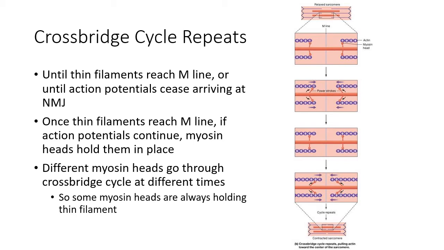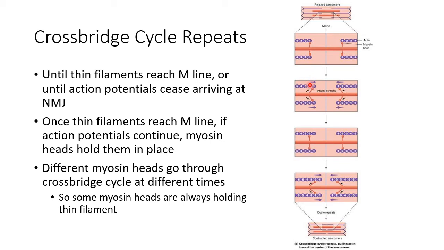There's a limit to how long cross-bridge cycling can go. As it goes, you are going to be moving the thin filaments in towards the center of the thick filaments. You have the M line there, which is just made of proteins linking the different thick filaments together.